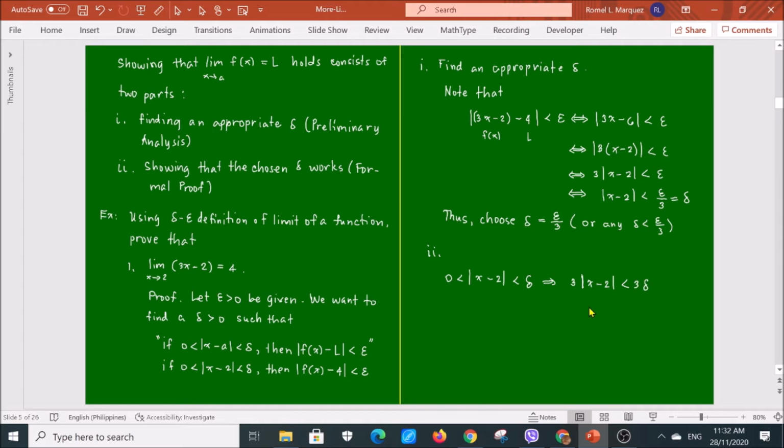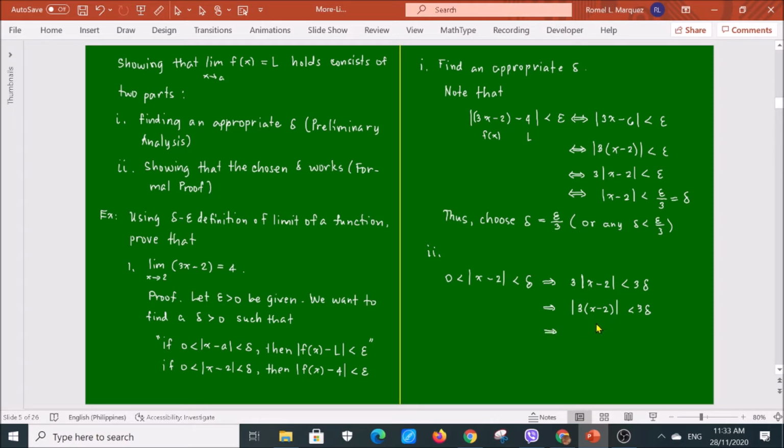Okay? So this implies what? The absolute value of 3, I can put the 3 inside because this is positive. It will not affect if I multiply it inside. So I have the absolute value of 3 times x minus 2, that is less than 3 delta.